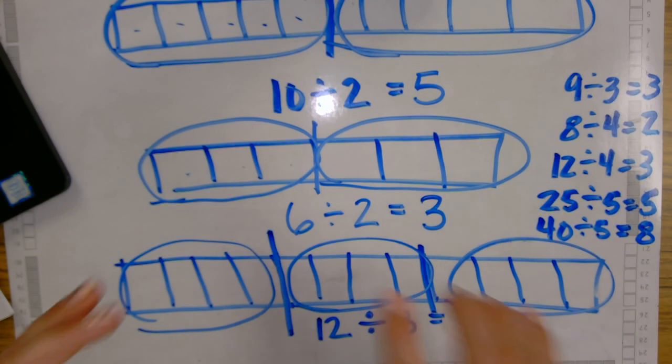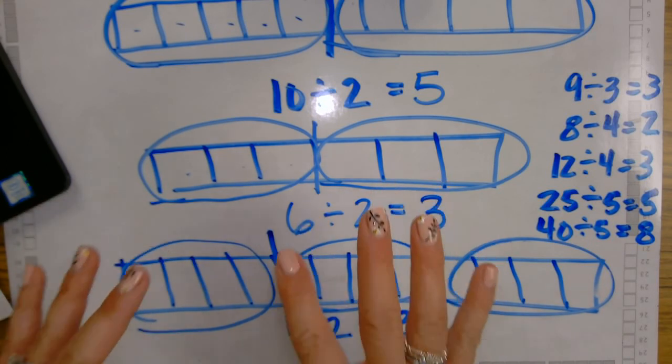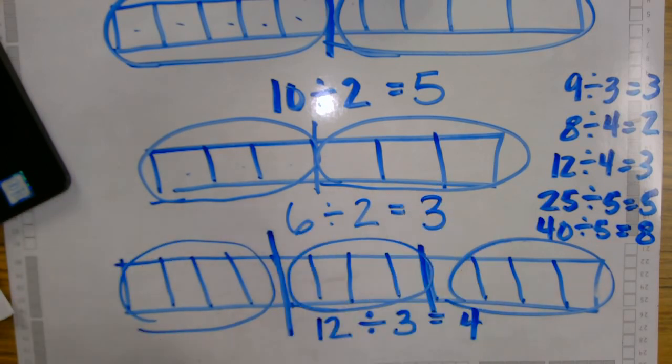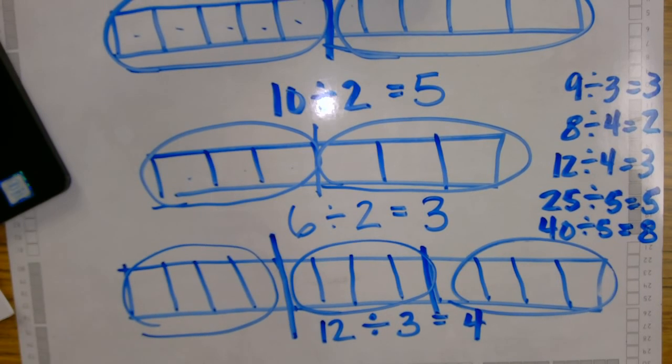So the big idea here, we're going to be using the tape diagram to multiply any whole number by a fraction. Whole number by a fraction. All right, so here we go. So this right here is kind of preparing you to multiply fractions by whole numbers.